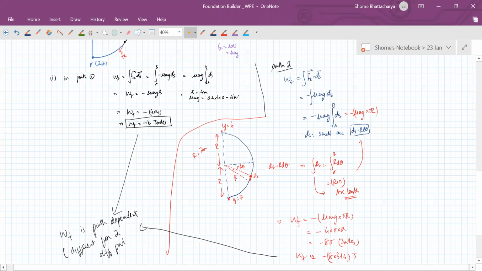For two different paths, it has two different values. Okay, so you can see that kinetic friction is a non-conservative force. Okay, so just make a note of this. Hope this is clear to all of you.